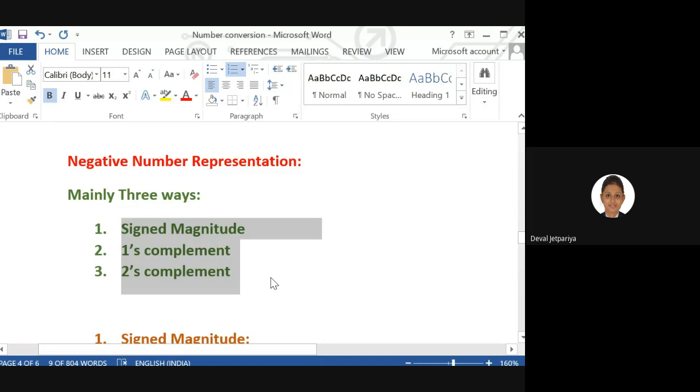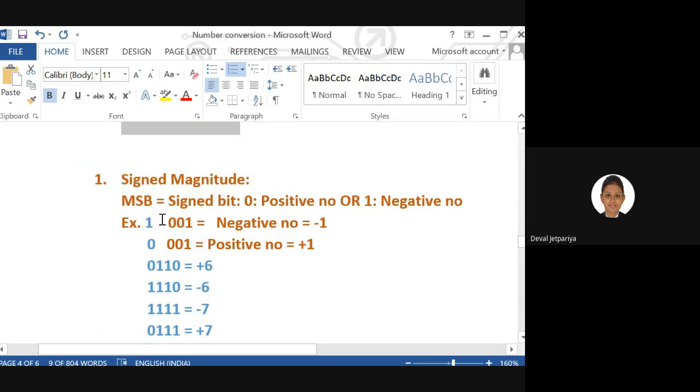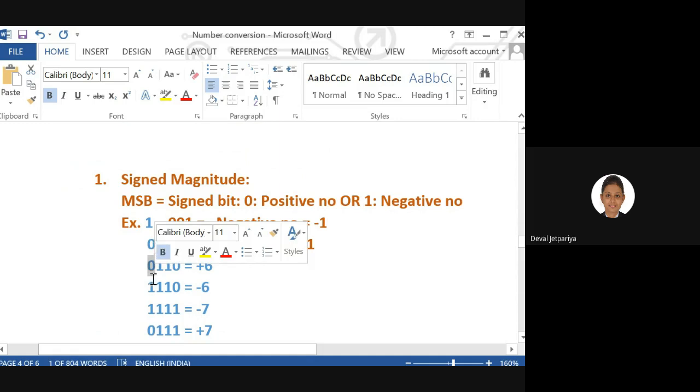Okay, let's see one by one. Sign magnitude: what do you need to do? If you are going to use sign magnitude, that means you need to use the first bit to represent your sign, whether your number is negative or positive. Suppose your number is positive, the first bit you use is 0.